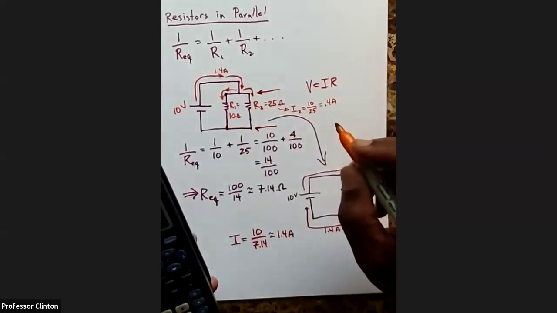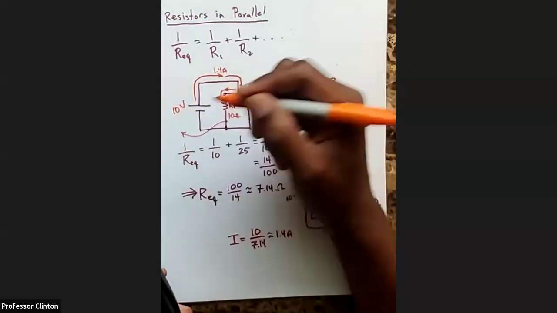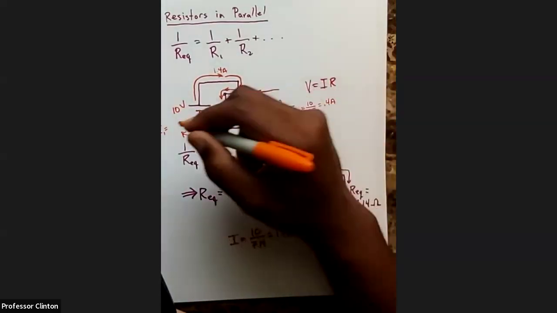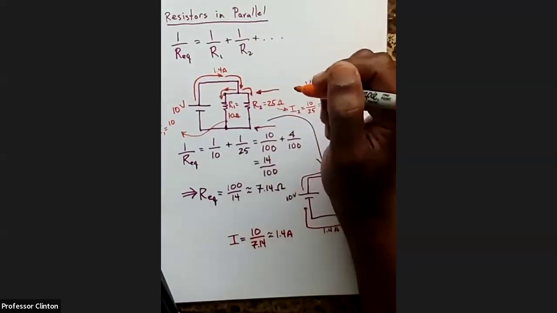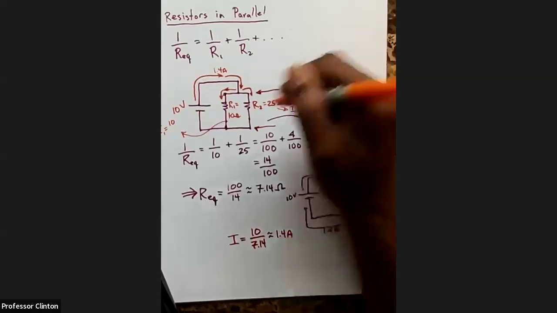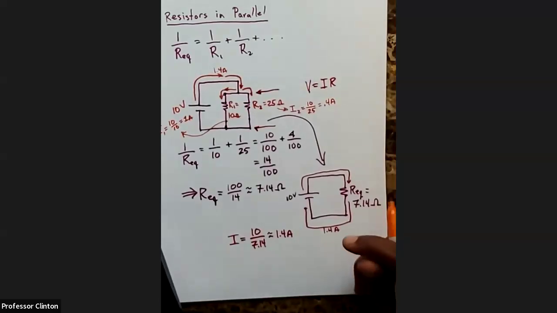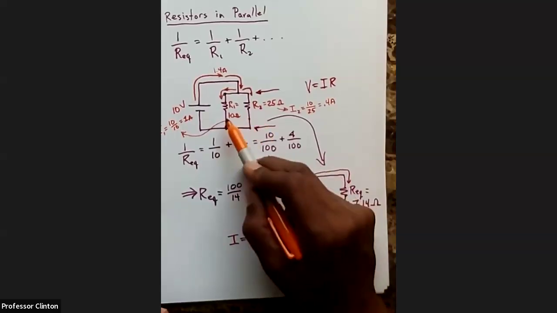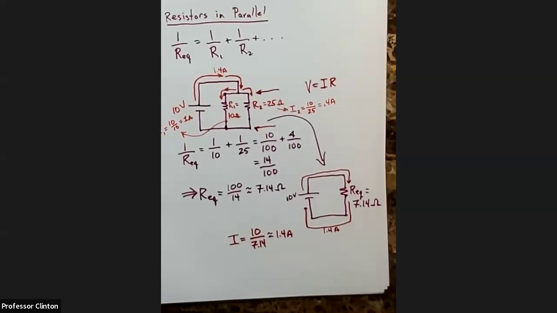And then out this side over here, the current, we'll say I1, would be equal to that voltage, 10, divided by the resistance, which is also 10. And so we would get a current of 1 amp. So the sum of these two adds up to that total current, and we'll see this in just a second when we look at our simulator.